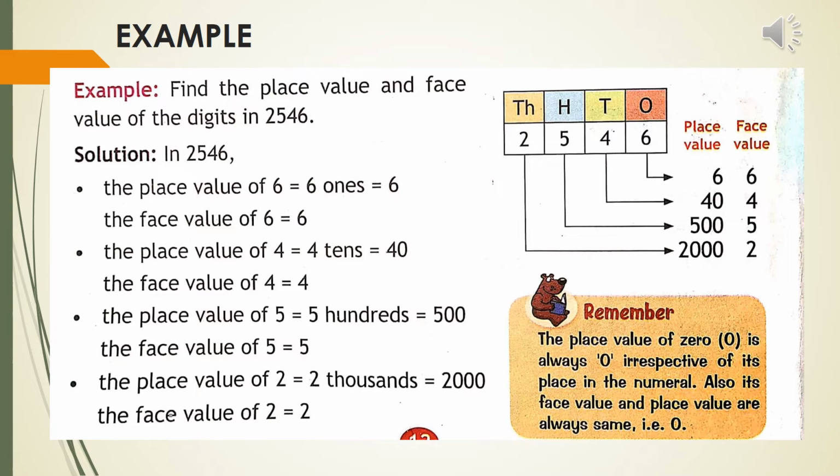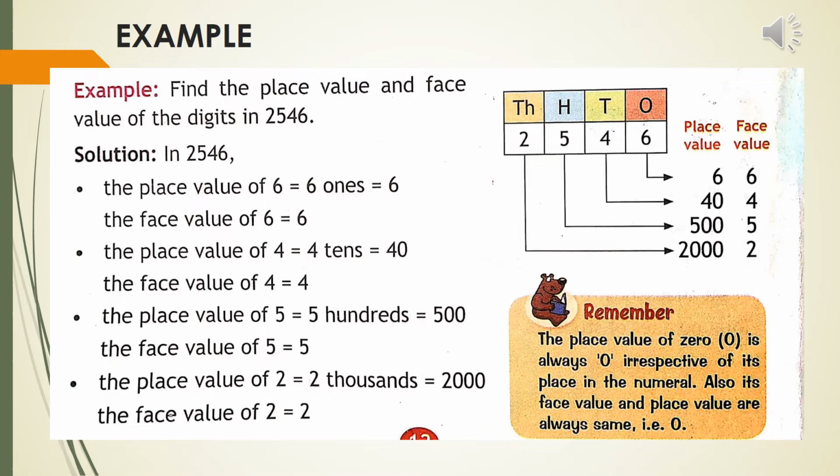Let us consider one more example where we are writing down place value and face value of all the digits in the given 4-digit number 2546. The place value of 6 is 6. Its face value is also 6.